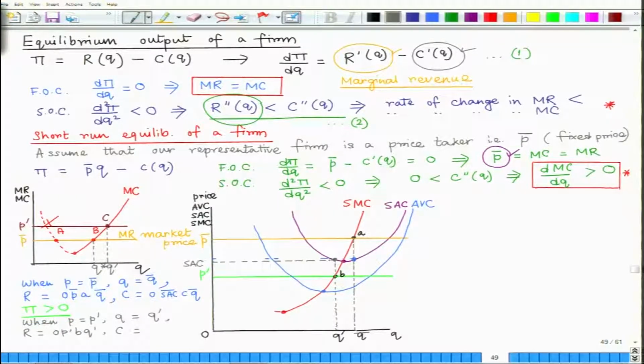Let us denote that level of unit cost of production by SAC prime. So in that case we know that this is the cost of production. So let me denote this point as D.